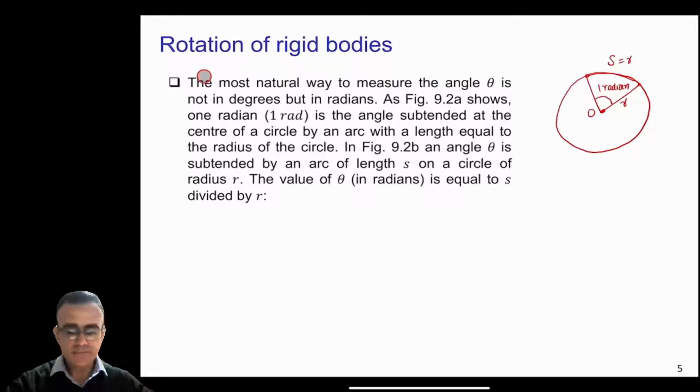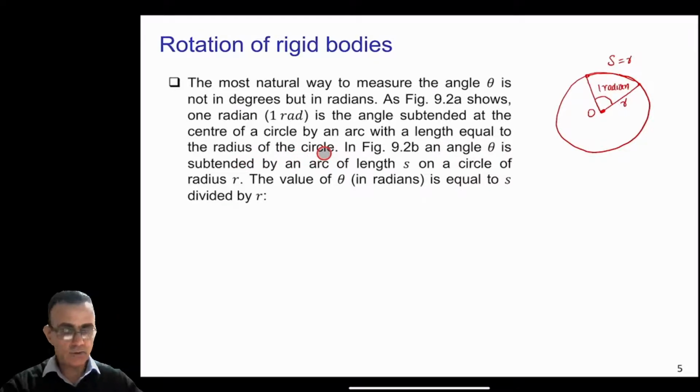So therefore, what we will say here is that the most natural way to measure the angle theta is not degrees, but radians. As you can see in this figure, 1 radian is the angle subtended at the center of a circle by an arc with a length equal to the radius of the circle.